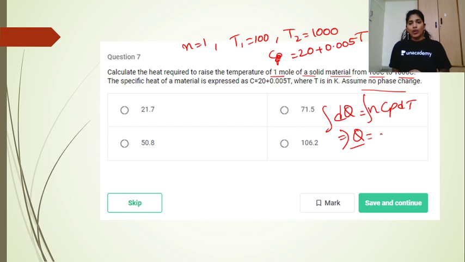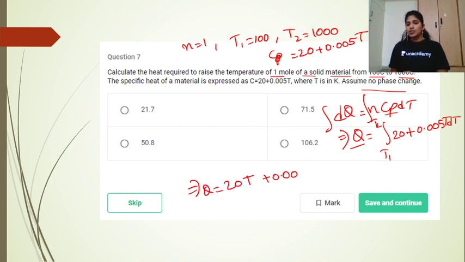So n is equal to 1, integral from T1 to T2, and Cp is a function of temperature, so 20 plus 0.005 T dT. So you will get the q value as q is equal to 20T plus 0.005 T square by 2.